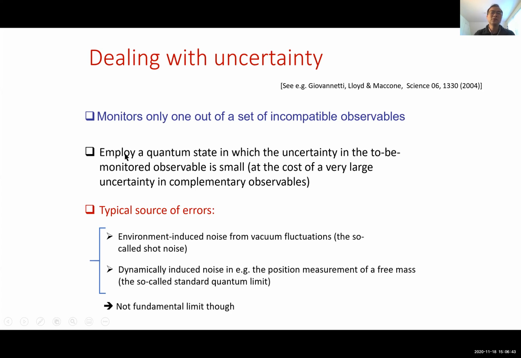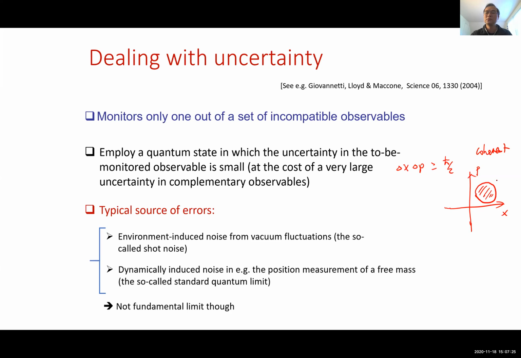Another suggestion is to employ a quantum state in which the uncertainty in the observable you want to monitor is small. This is at the cost of uncertainty in the complementary observable. For example, delta x and delta p have this. In terms of the so-called coherent state, we learned that in this x-p plane, the coherent state is some kind of blob in the Wigner representation.